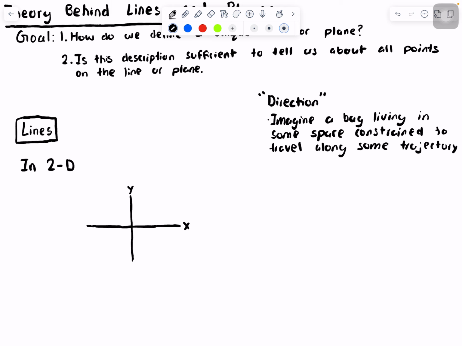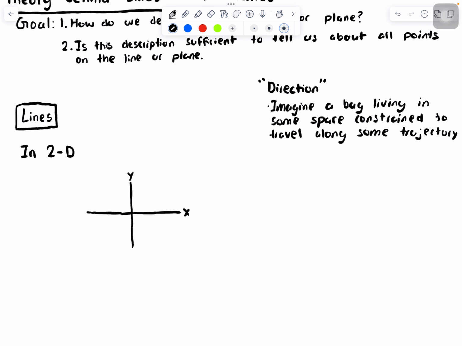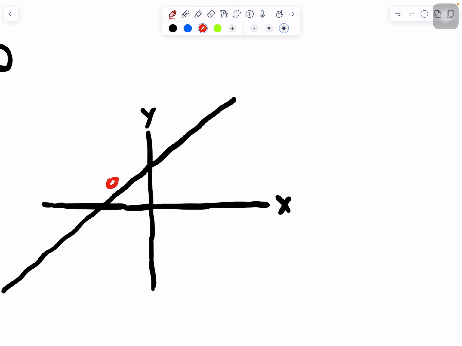So now we can talk about some lines in 2 and 3 dimensions. So I'm going to use this idea of a direction, loosely defined. So imagine you have this direction, let's say, and you're a bug that lives along this line.